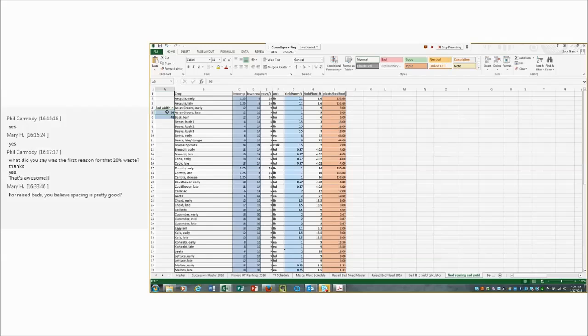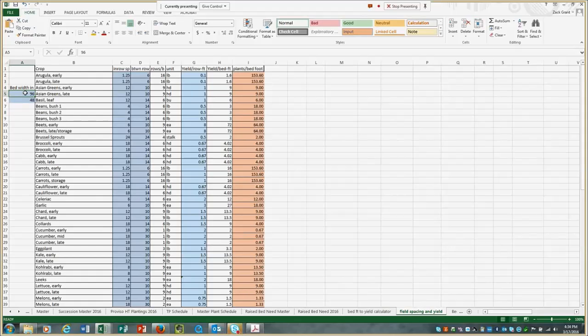In an intensive in-ground system where we're using long rows, say like in my system at the student farm, we would use 30-inch wide beds, right? So I could type in 30, and as soon as I hit enter, you're going to see a bunch of things change. So you see how everything just changed right there? All the between row spacing changed, and the yield per bed foot and the plants per bed foot all changed.